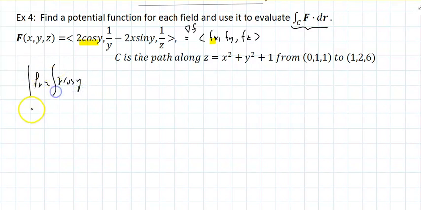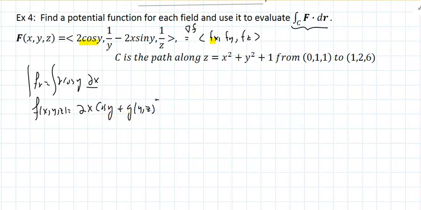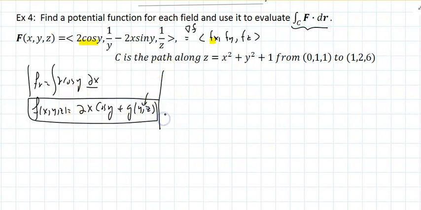If I integrate, I'm undoing a partial derivative with respect to x. That is twice x the cosine of y, plus a function of y and z. If I could figure out what this is, I'm done, and that's where the most work is.